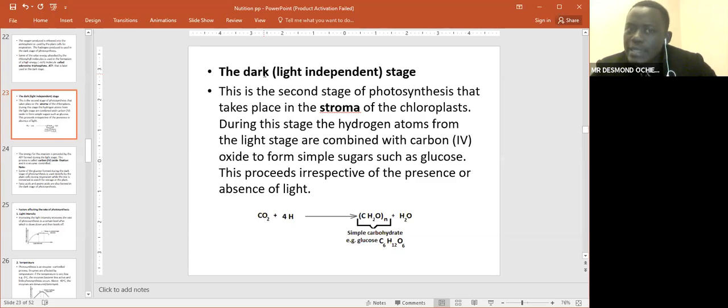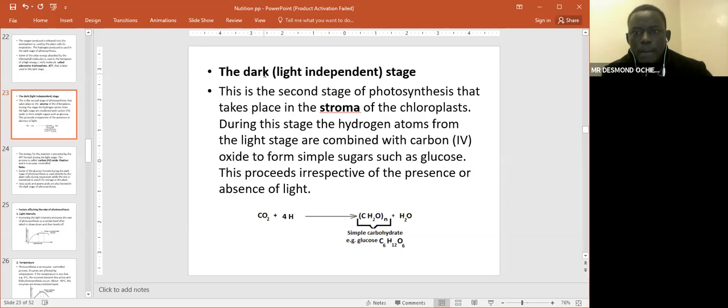Now, as we look at the dark stage, could you please identify some of the differences between the light stage and the dark stage? We stated that the light stage takes place in the grana, while the dark stage, as you can see, takes place in the stroma, okay?